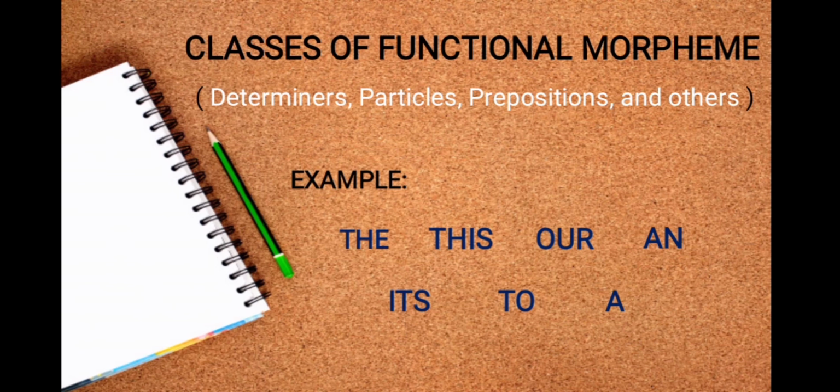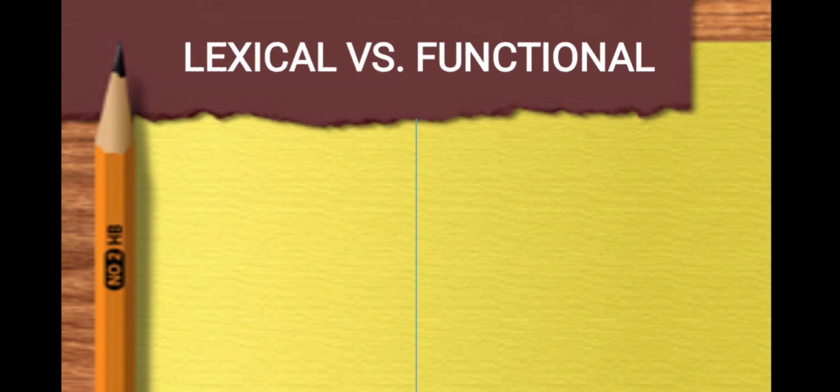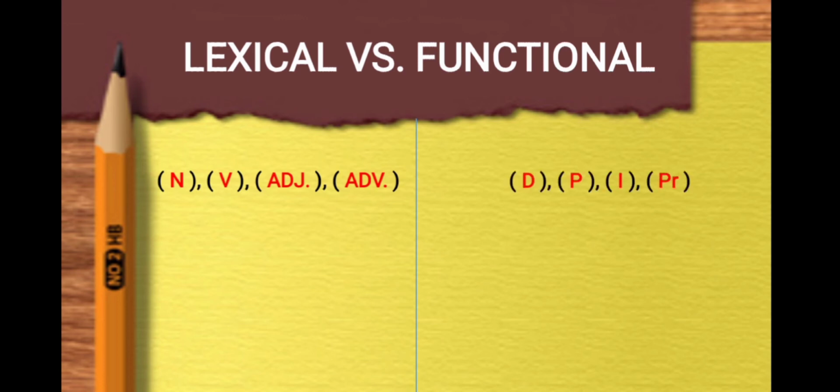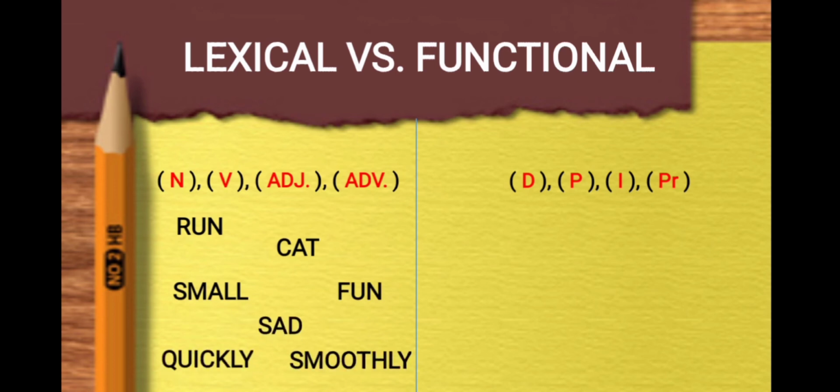To better understand the lexical and functional, I have here the organization of words that belong to lexical and functional. Lexical consists of nouns, verbs, adjectives, and adverbs. Functional consists of determiners, particles, and prepositions. In lexical, we have the words run, cat, small, fun, sad, quickly, and smoothly. In functional, we have the words the, and, is, its, to, a, and are.